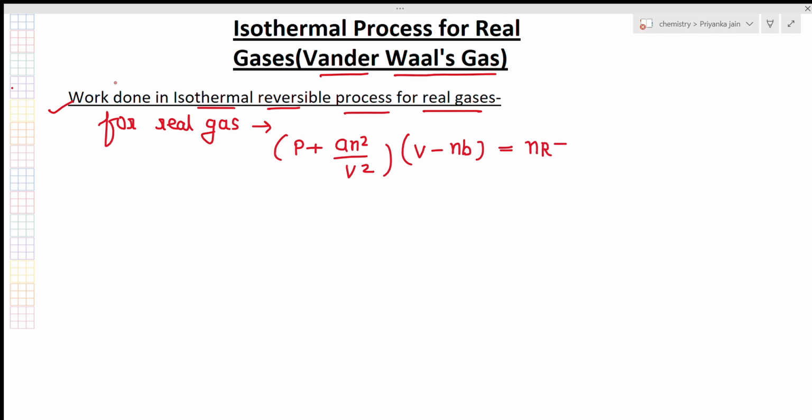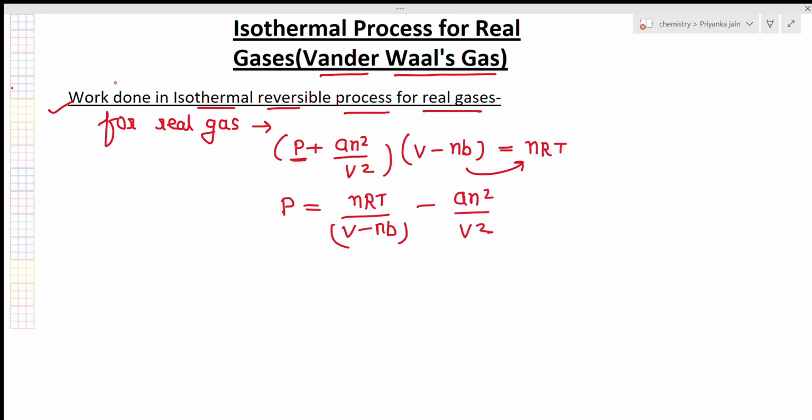Now we have to use this equation instead of the ideal gas equation. We have to find the pressure term, so we move all the terms to the other side. What we are getting is P = nRT / (V − nb) − a n² / V².